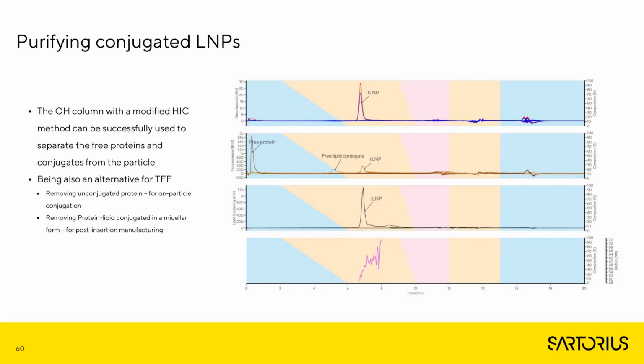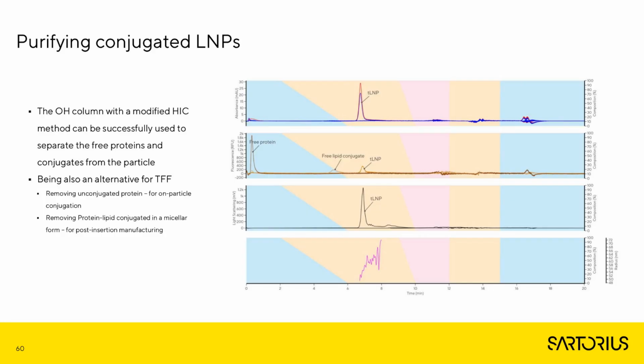To also mention the context of targeted conjugated formulations, you are also able to use this OH column again in the same manner to purify your targeted formulations. Here you are able to remove your free proteins, which are not connected to the particle, but you're also able to remove free lipid conjugates.